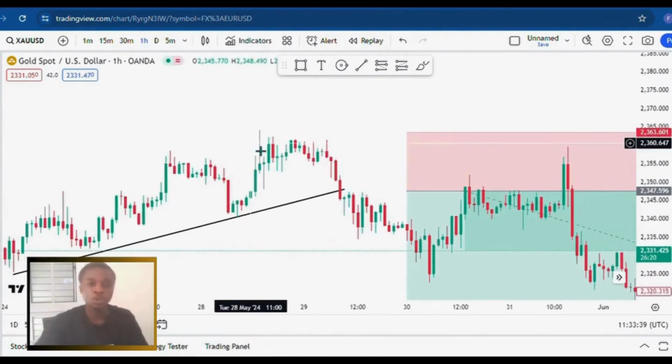So guys, I've just showed you the best time frames that you should be using, whatever style of trader you are. Make sure you make use of these time frames, whether you are a scalper, day trader, or swing trader, in order to have a clear prediction of price, a clear analysis of price movement.